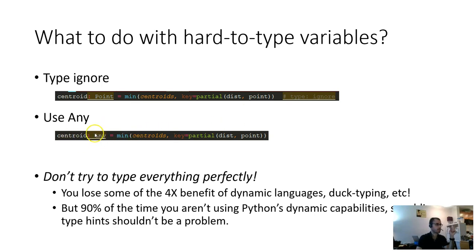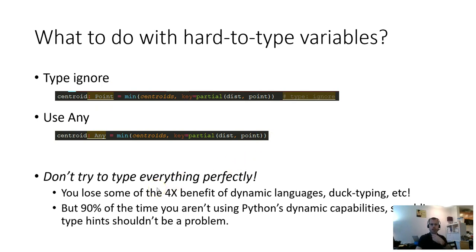You can also give something the type of Any. So this means that this could be anything. Don't type check it, I'm doing something very dynamic here. So in general, when you run across something where it's hard to figure out how to type it, I'd just do something like this. Don't slow your programming down too much.